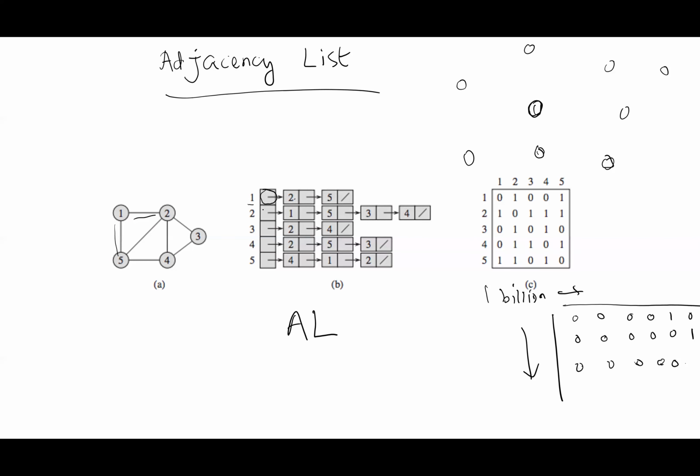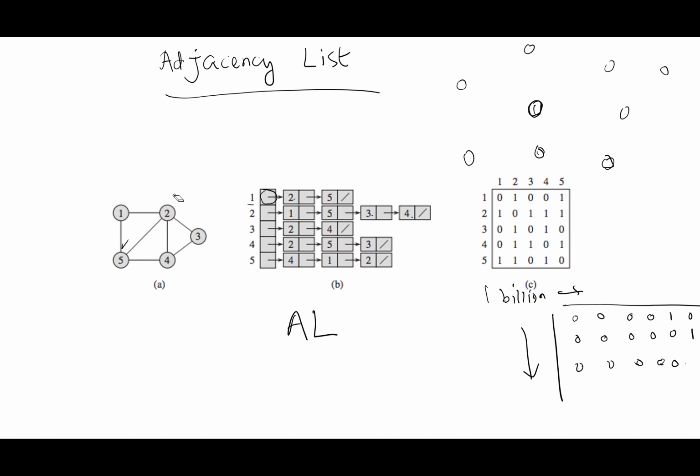Vertex 2 contains a list of its neighbors 1, 5, 3, 4, right? So 2 has a link to 1, an edge to 5, an edge to 4, and an edge to 3. This list contains all the neighbors of 2.